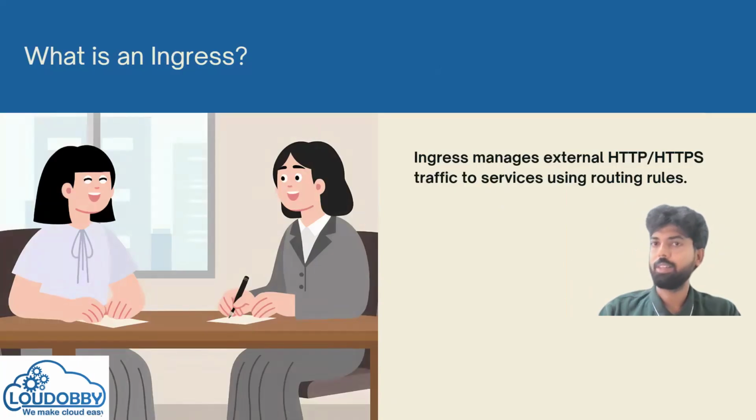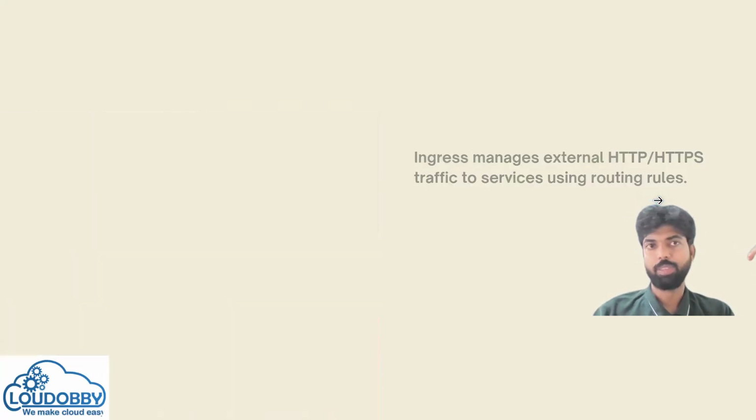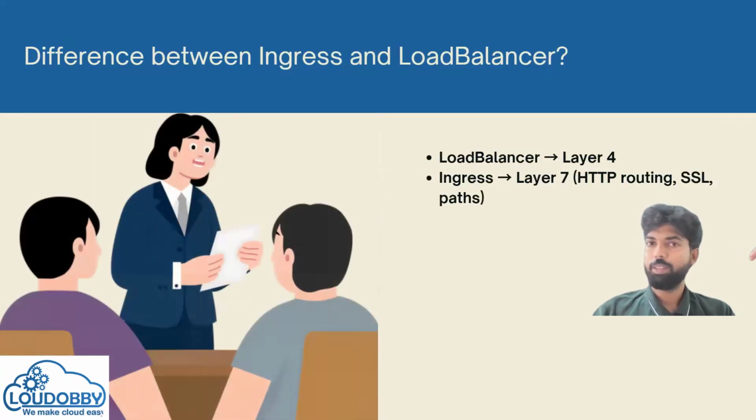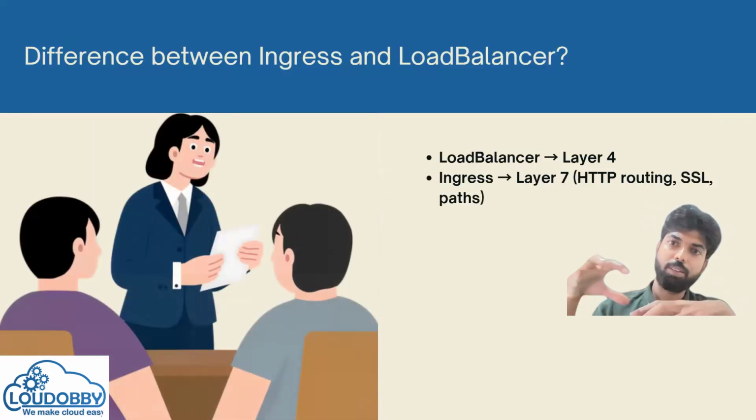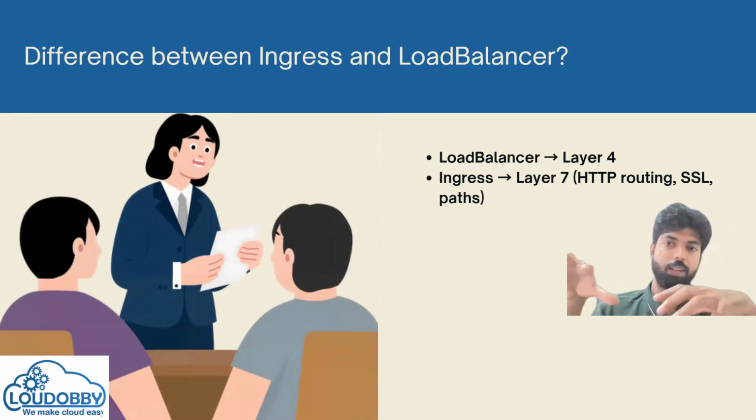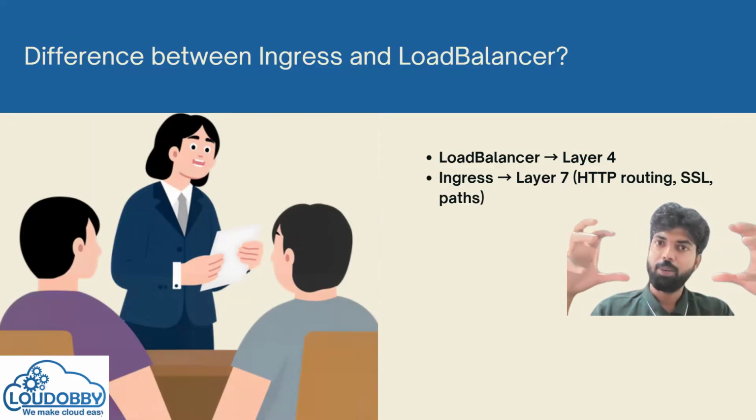Again, what is ingress? External HTTP and HTTPS traffic going in and out of Kubernetes is called ingress. What is the difference between ingress and load balancer? Ingress is a concept of Kubernetes itself, which is layer 7, the application layer, whereas a load balancer is layer 4, the network layer.